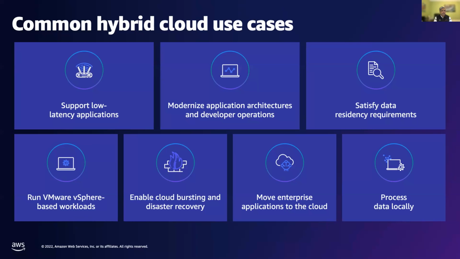A lot of enterprise customers run their load on VMware, right? And so how are you able to deal with that? How are you able to move that onto cloud, or how do you make that transition? Things like that. So that's another use case that we look at. Disaster recovery, right? So disaster recovery is really kind of cloud bursting, where cloud becomes an extension of your on-premises infrastructure, right?